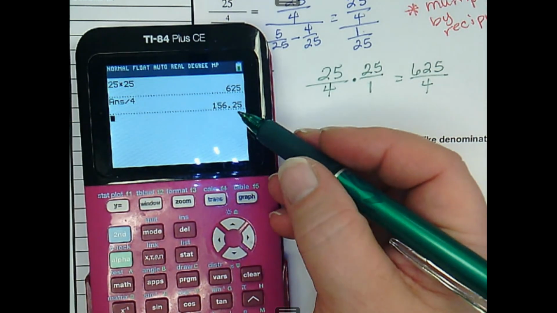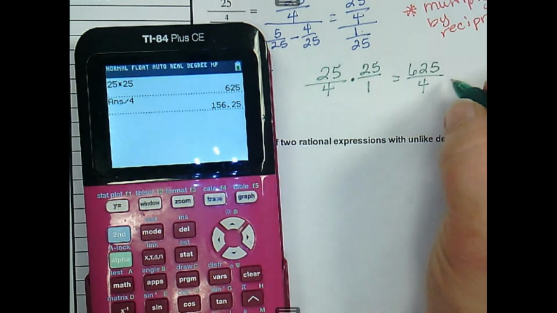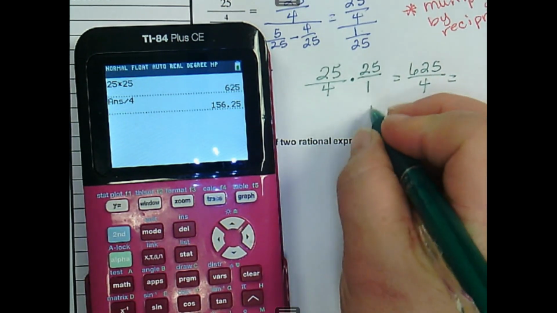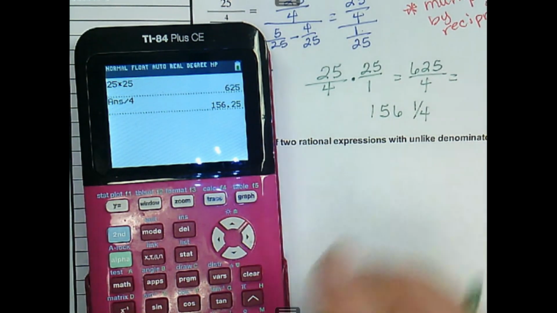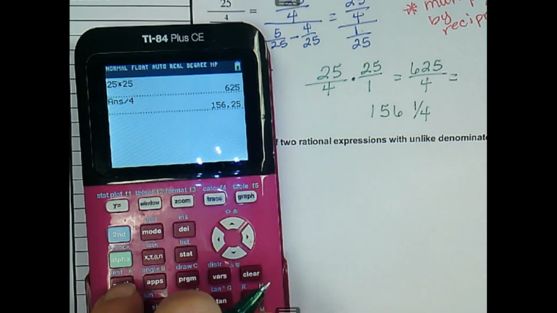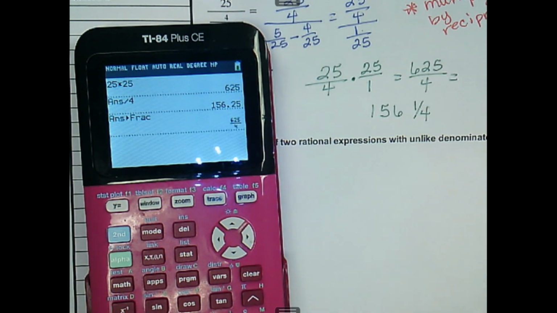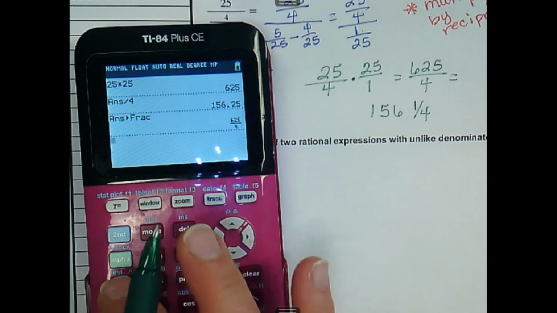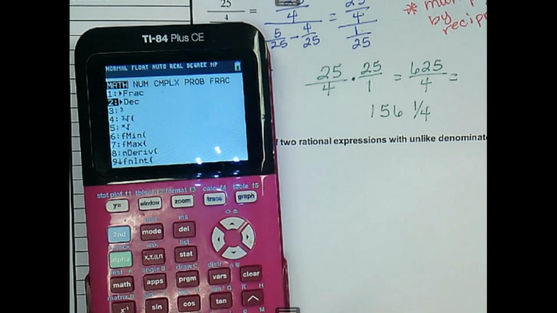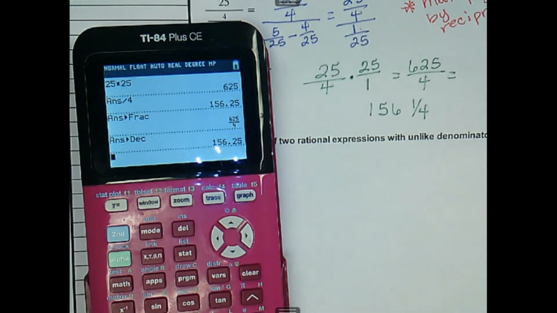But I do know that 0.25 is 1/4. So this is equal to 156 and 1/4. If I want to change it to a decimal, I'll hit my math button, I'll hit enter, enter. Oh, there's my fraction, I can't simplify from there. Math button, go down 1 for my decimal. There we go, the decimal becomes that fraction and we're done.